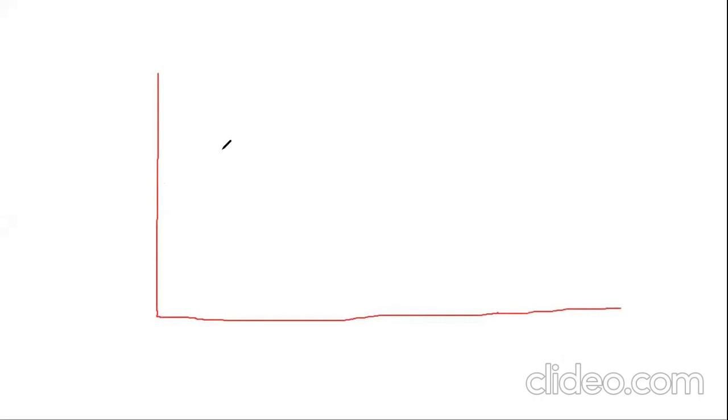Now you can see I am drawing the two axes. This is 0. Now I am continuing.